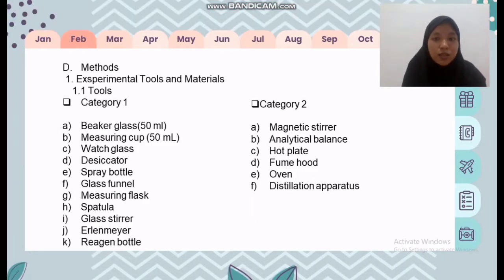The next is methods, experimental tools and materials. Tools category 1 is beaker glass, measuring cup, watch glass, desiccator, spray bottle, glass funnel, measuring flask, spatula, glass stirrer, Erlenmeyer, and reagent bottle. And category 2 is magnetic stirrer, analytical balance, hot plate, oven, and distillation apparatus.